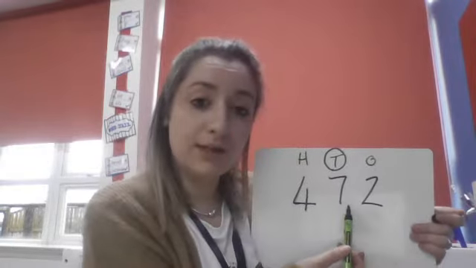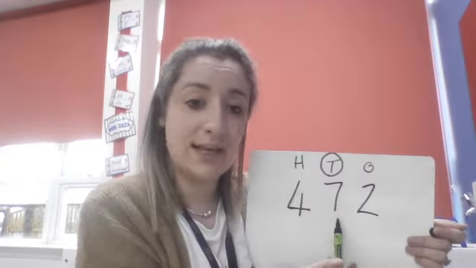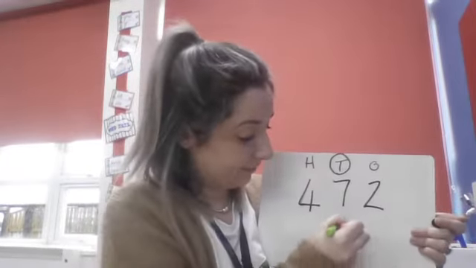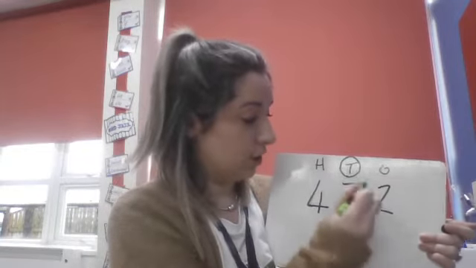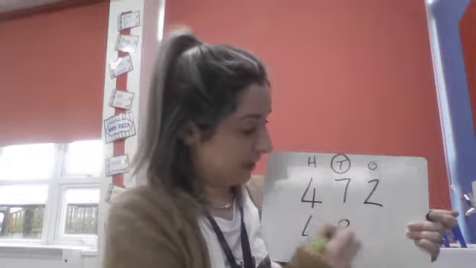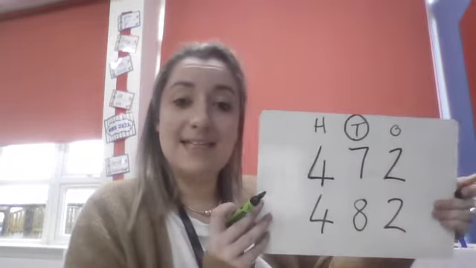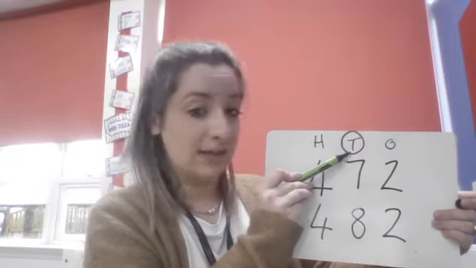So 10 more than 70 would be 80. These don't change because we're only looking in the tens column today. So my 400 stays the same, my 2 stays the same. I've added 10 more onto 70 to make 80, and I've kept my other columns the same.